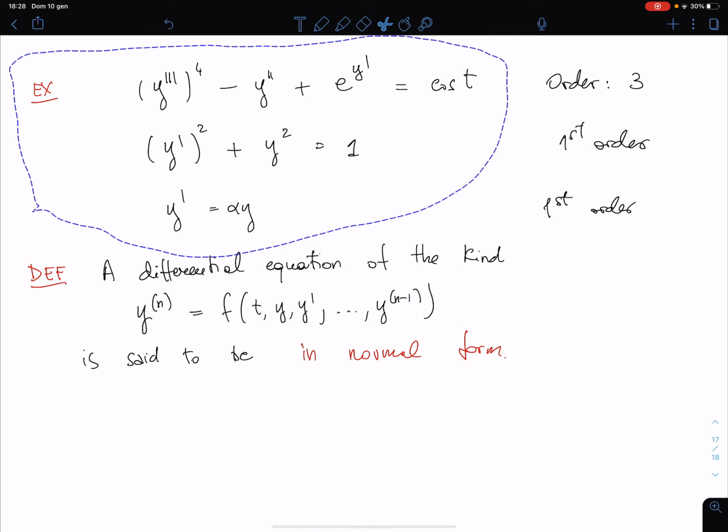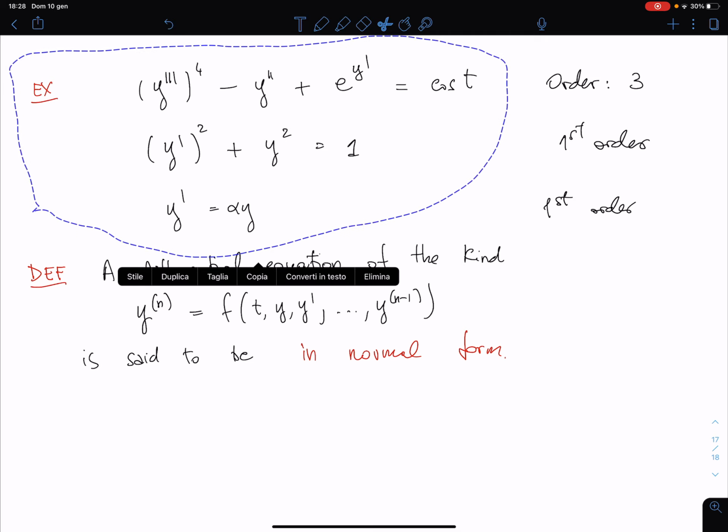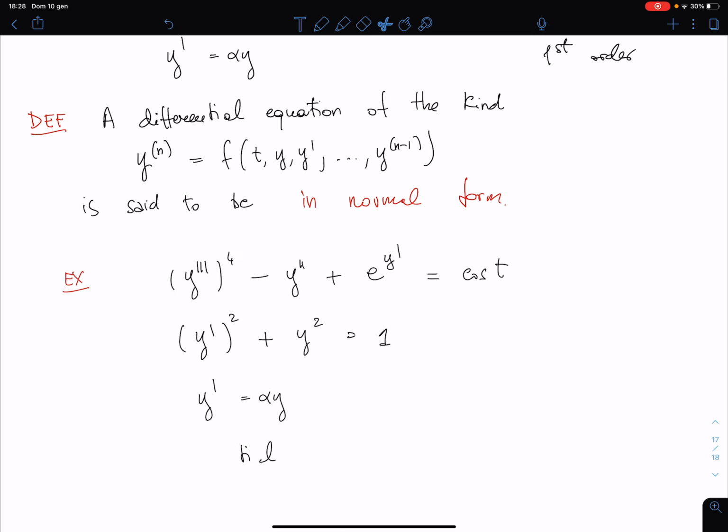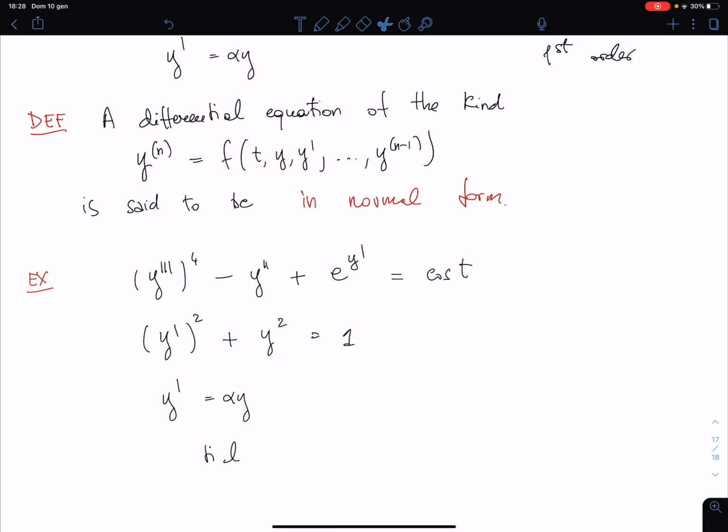Let us copy it. Here, the first one is not in normal form because the highest derivative is the third, but it is not isolated from the rest. It has a fourth power here. In order to be in normal form, this should be y third derivative and stop. So this is not in normal form.